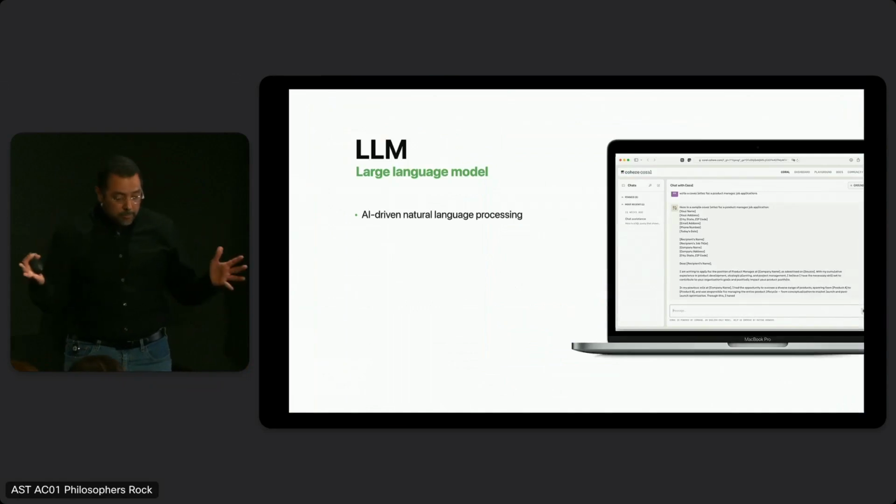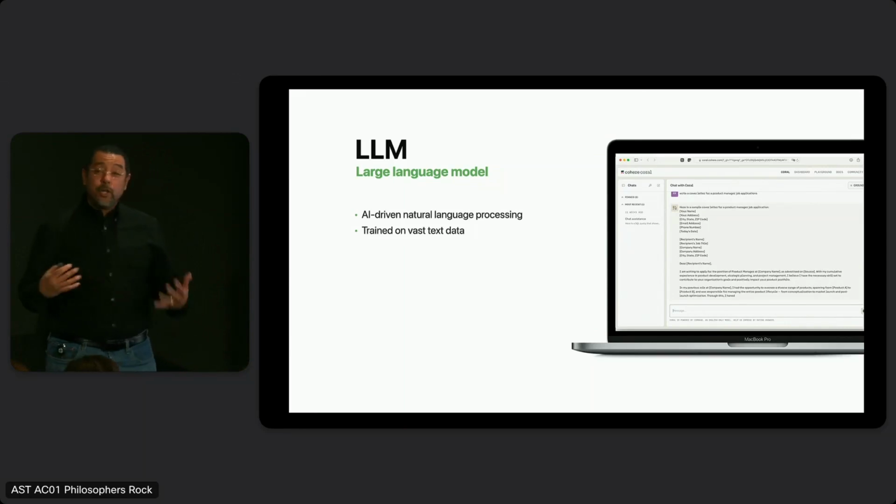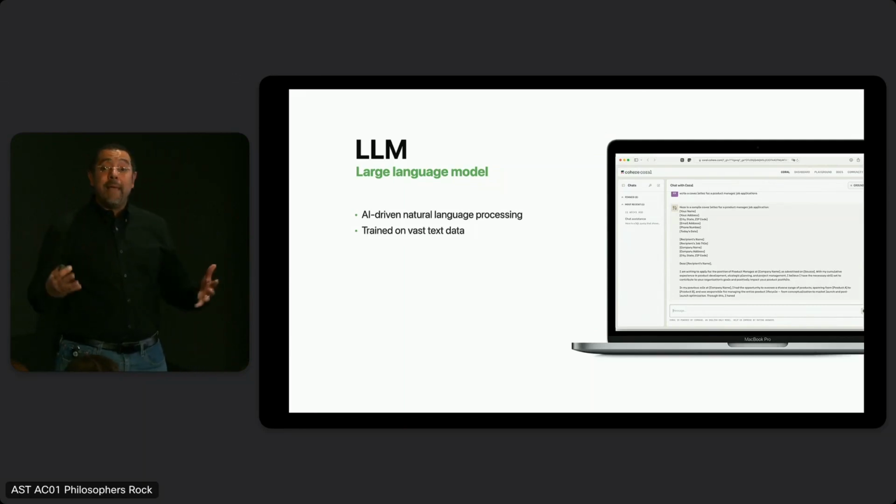These large language models are a type of AI program that is really geared toward generating and processing natural language, right? It's able to ingest and produce and perform tasks that are normally associated with natural language. They are trained on a vast amount of data, hence the name large. It is massive, the amount of data.